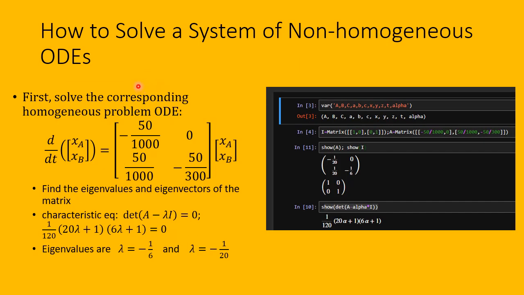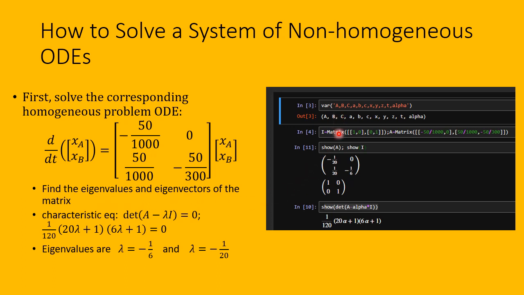So to solve a system of non-homogeneous ordinary differential equations, first order equations, we first solve the corresponding homogeneous problem, which is this one, without the g of t term added on here. So to solve this, we need to find the eigenvalues and eigenvectors of this matrix.